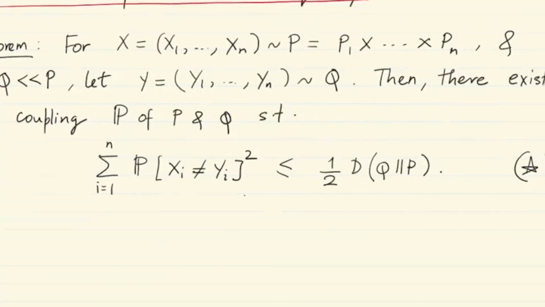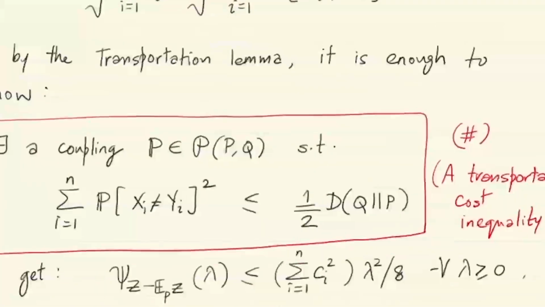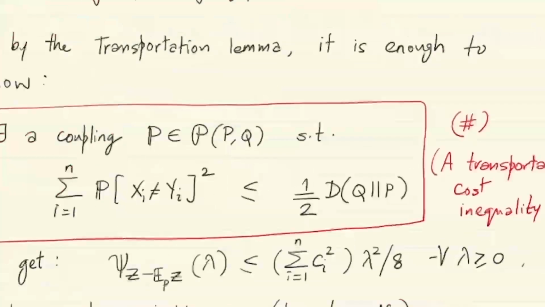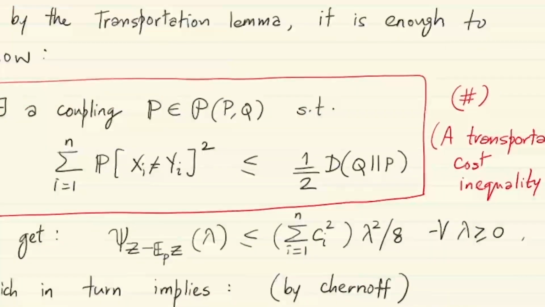Okay, so this is exactly Marton's transportation cost inequality, which completes the derivation of McDiarmid's inequality via the transportation lemma, and finally using Chernoff.